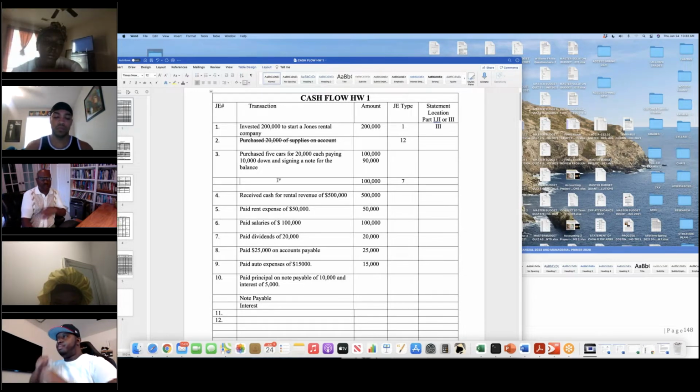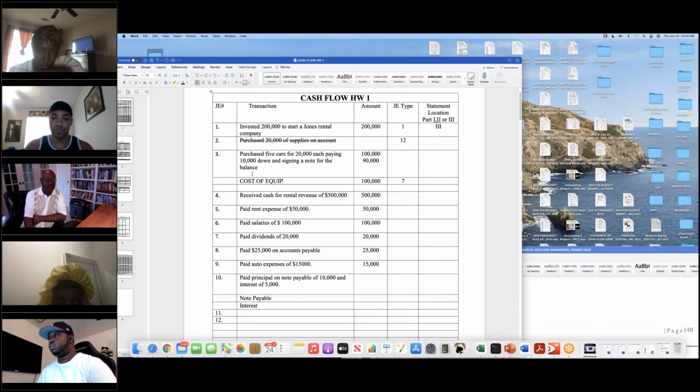This is the cost of the asset. So it cost 100,000, and we actually then took out a note for the balance to pay for this, which was what, $90,000.